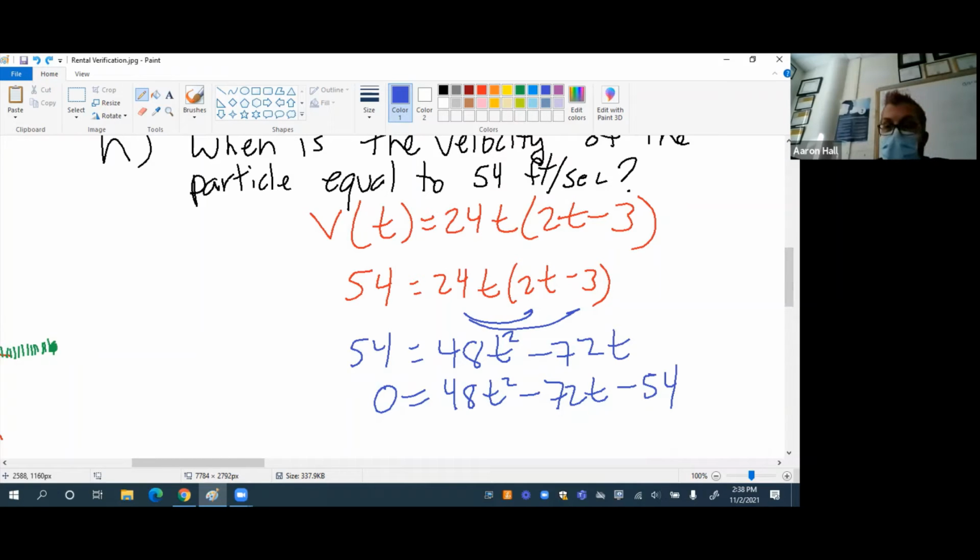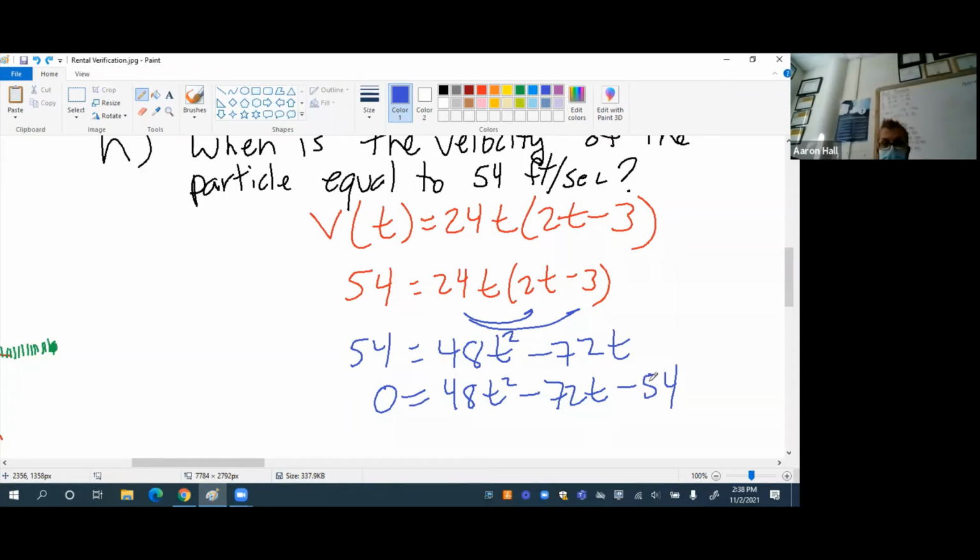I know a 2 could come out. What else can be factored out of this? What can be factored out of it? Can we factor out a 4? Can we factor out a 6?